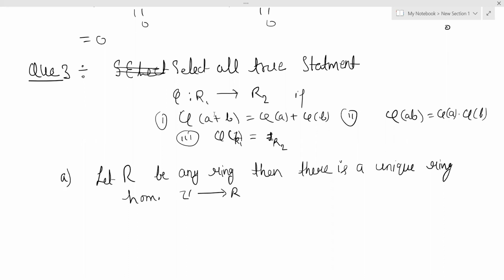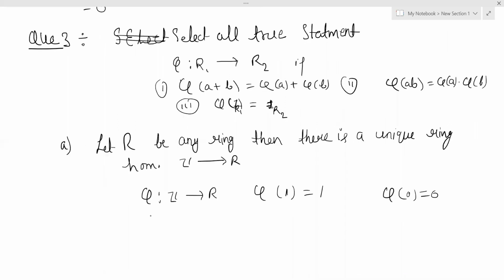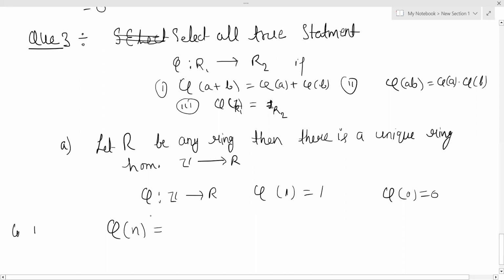Phi of 0 should go to 0 and phi of 1 should go to 1. Suppose phi is a ring homomorphism mapping Z to R. So phi of 1 should be 1 and phi of 0 should be 0. Then phi of n is 1 plus 1 plus 1, n times. If n is negative, then what? First consider the case n positive, then we'll go for n negative.